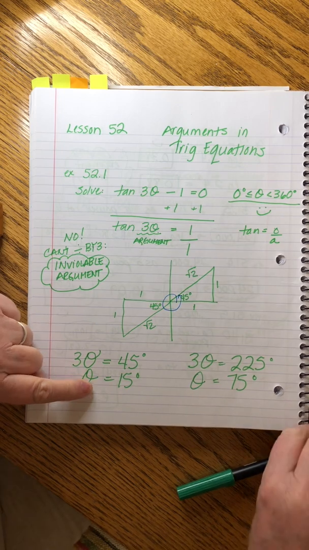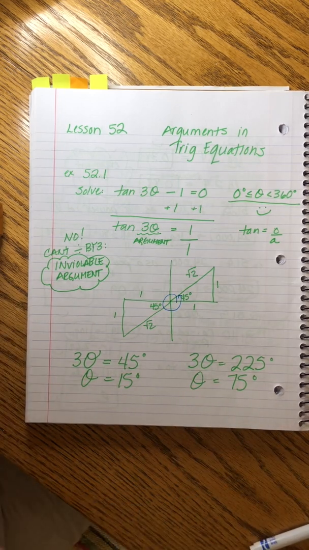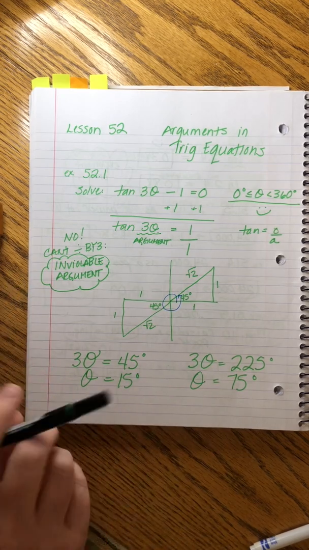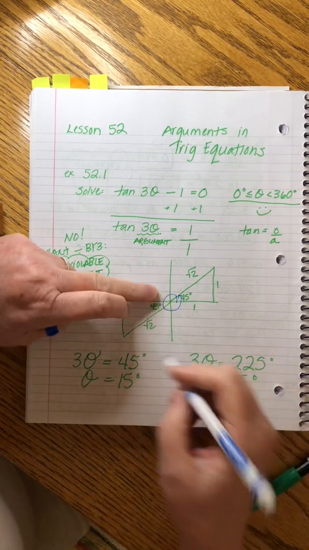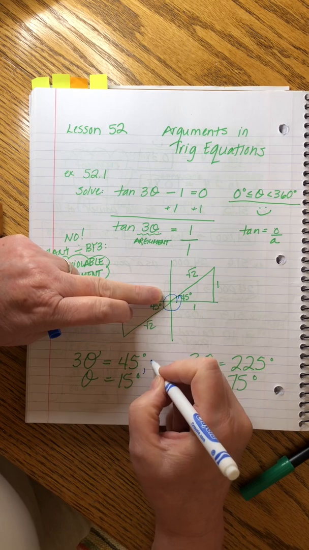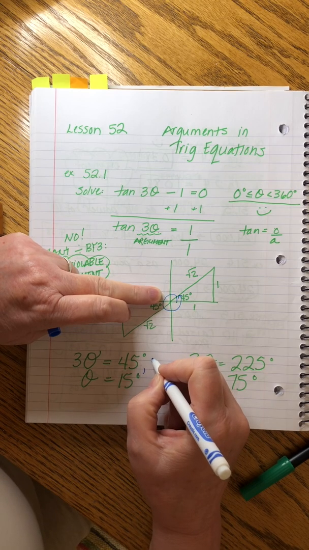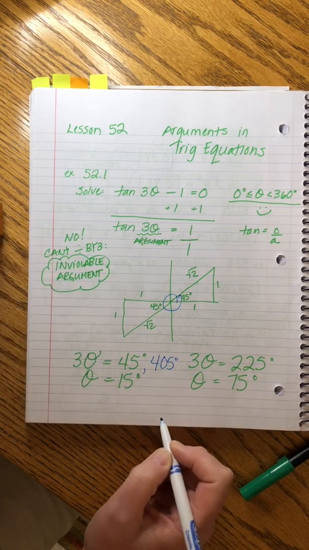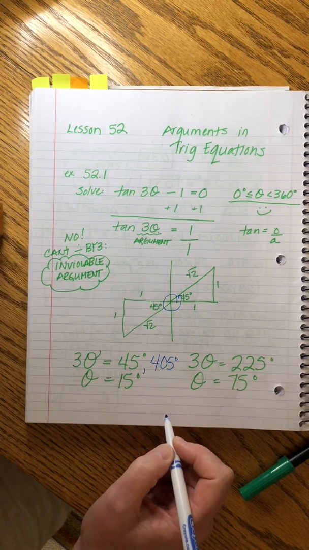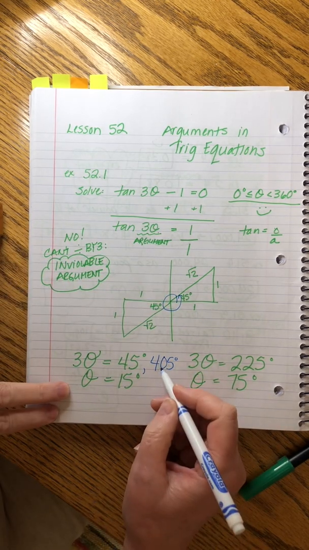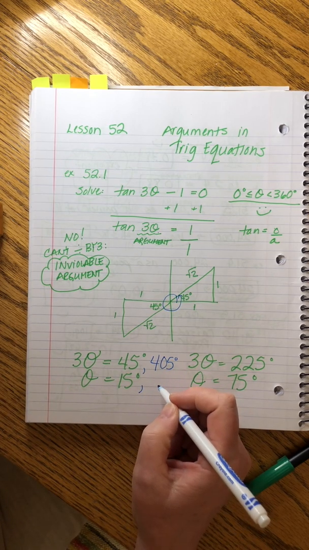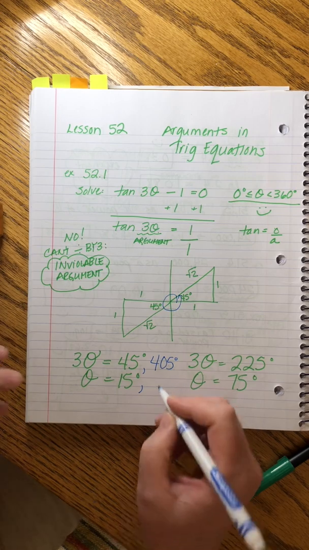That would be adding 360 to this. So that would give us another value for 3 theta of 405, right? But when we divide that by 3, that would give us a value of, what would it be, 135, right? Yes.